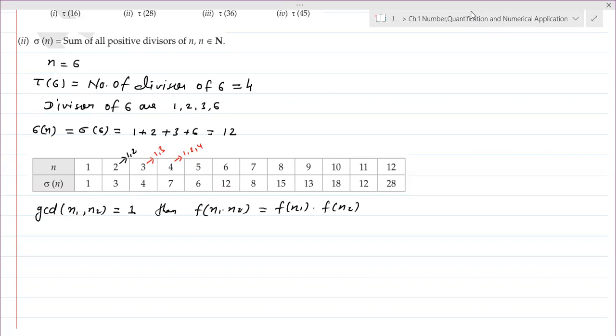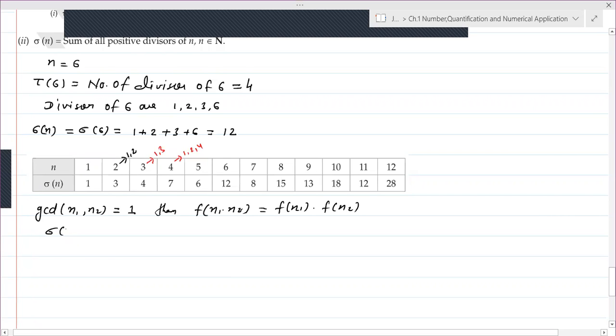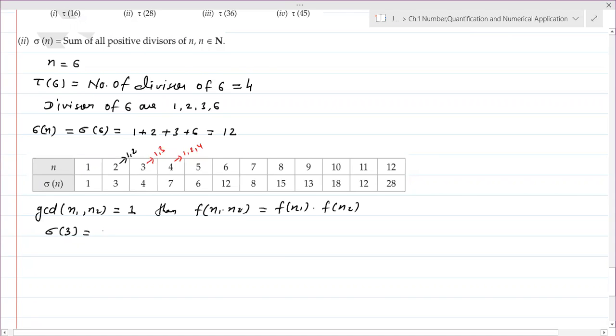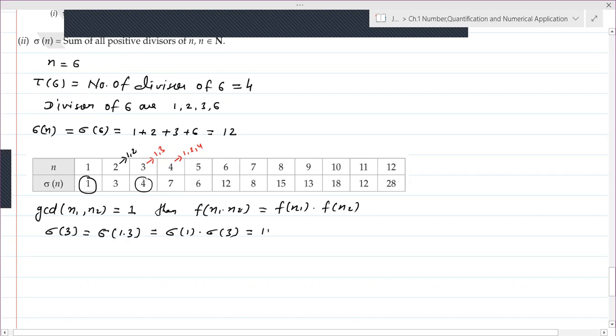Now suppose I take any number from the given values. Suppose I am taking the number 3, so I will write sigma 3. We know that 3 can be written as a multiplication of two numbers, 1 and 3. Now we need to find sigma 1 multiplied by sigma 3. From the table, sigma 1 is 1, multiplied by sigma 3, which is 4.